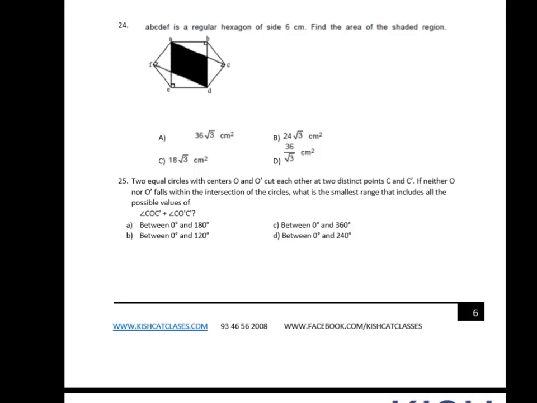So the one clue given here is it's a regular hexagon.